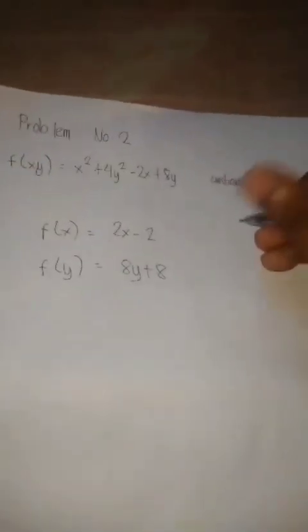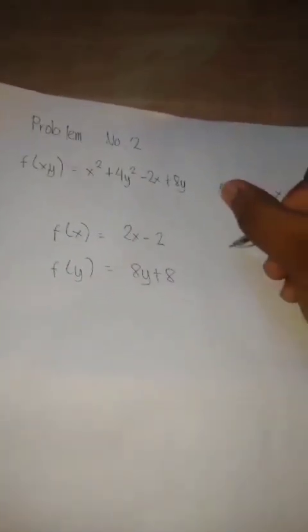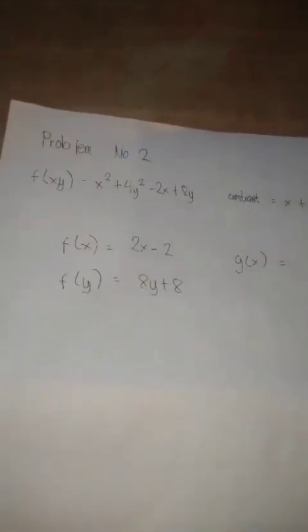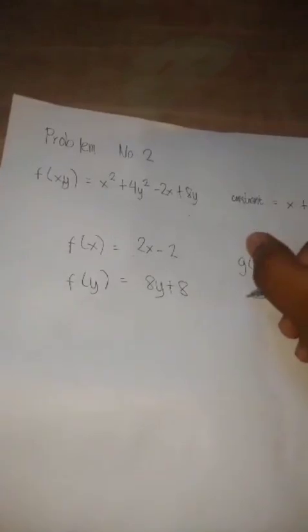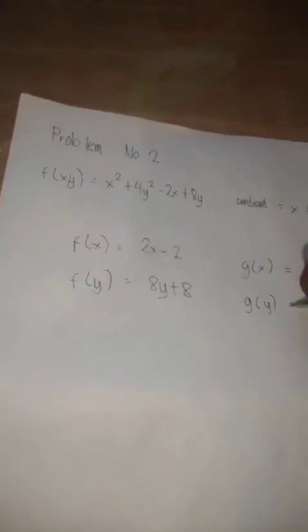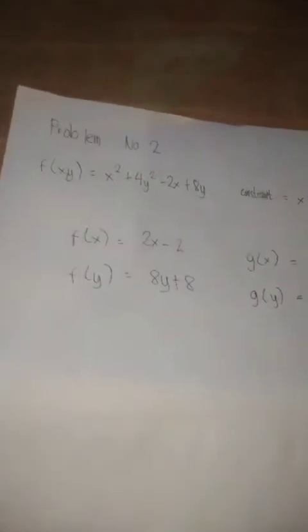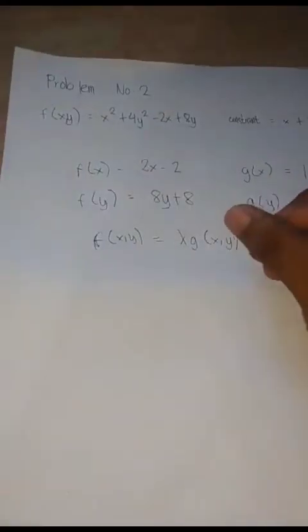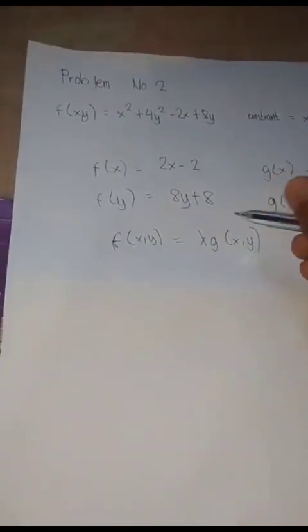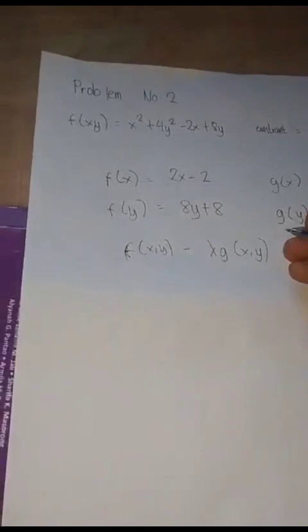In the constraint, the derivative for g of x is 1, and for g of y, it is 2. Now we are using the Lagrange formula, which is f of x, y equals lambda g of x, y.